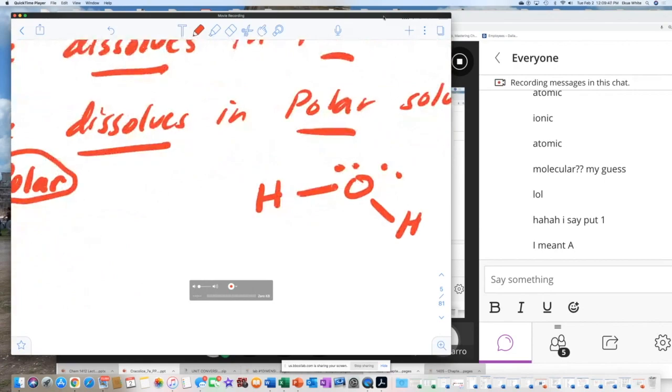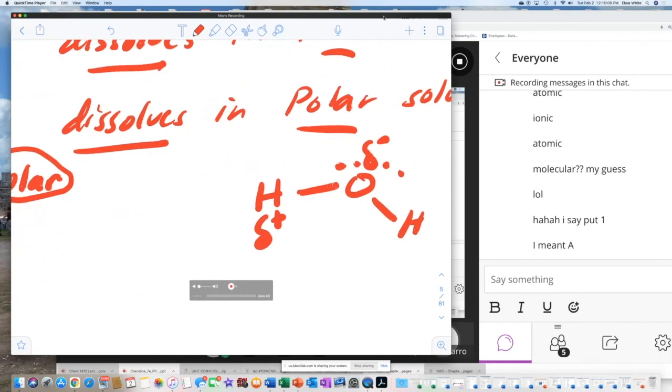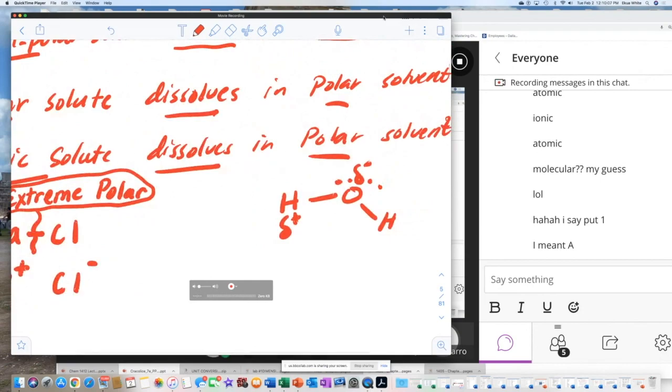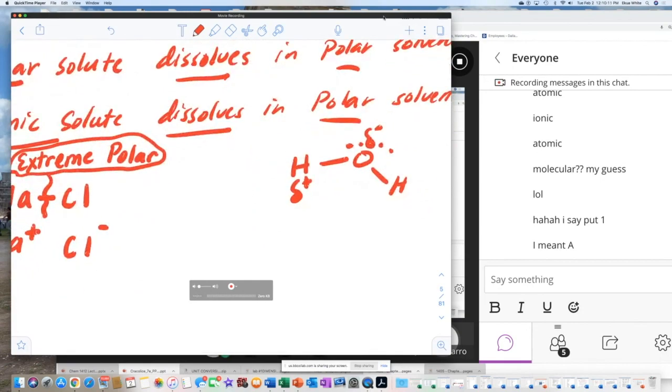So going back to 1411, oxygen is more electronegative, so it gets the partial negative sign, not fully negative. Hydrogen gets the partial positive sign because only when the bond breaks does the hydrogen become fully positive and the oxygen fully negative. As long as the bond continues, which in this case the bond will remain, hydrogen is partially positive, oxygen is partially negative.